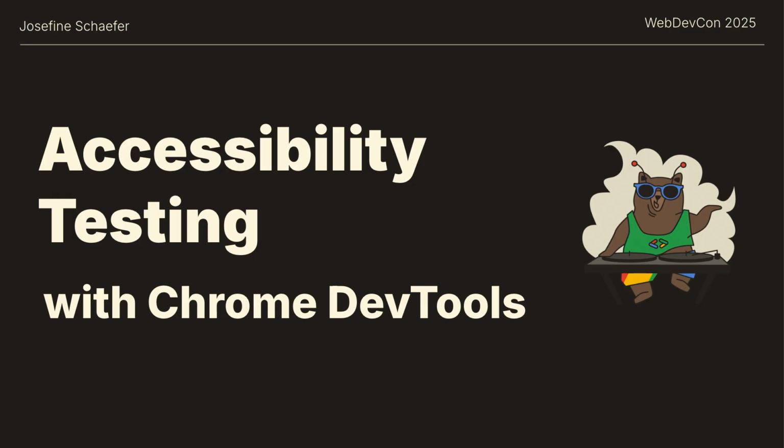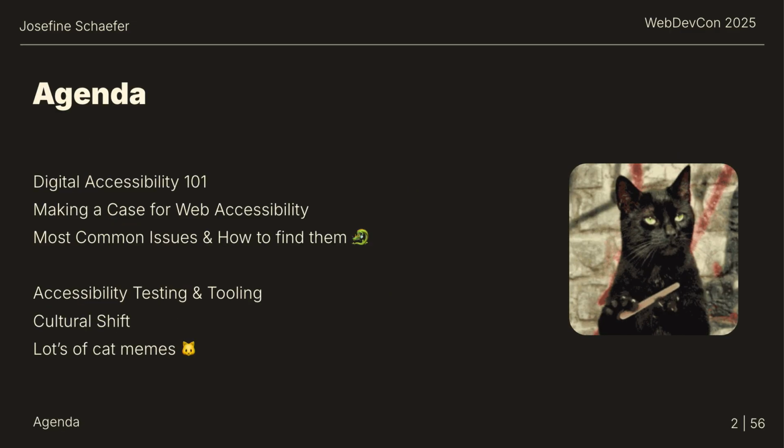I'm going to be talking about accessibility testing with Chrome DevTools. And just so you know what's expecting you, a lot of cat memes, so that we can all still have some fun. I'm going to talk about the basics of accessibility, how to make a case for it, because turns out that's a lot of the work already, and then how we can actually find accessibility issues and how we can deal with them when we found them.